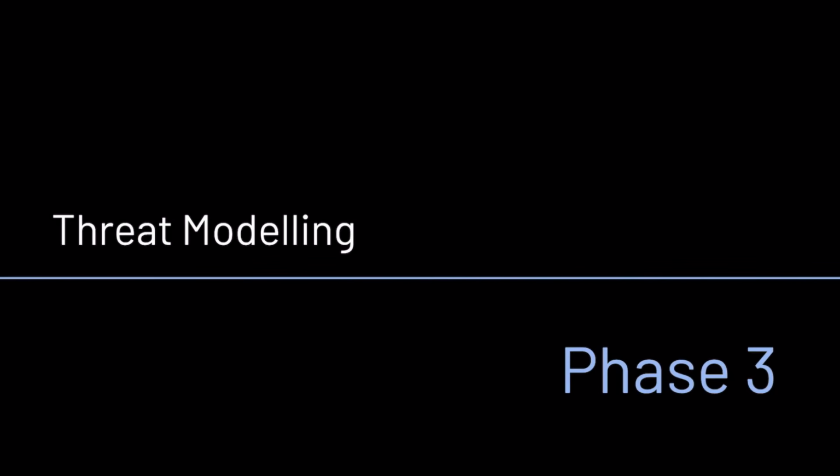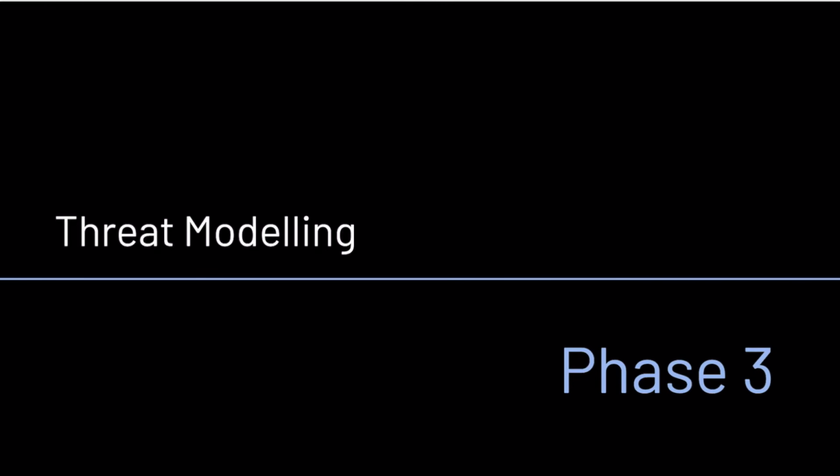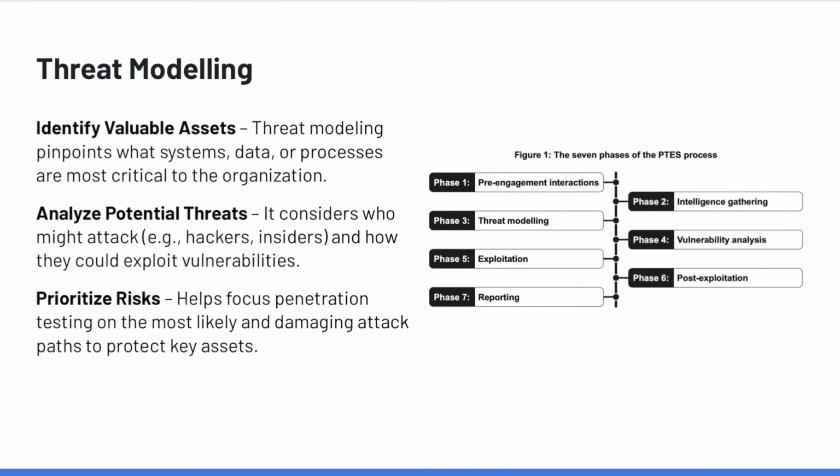Anyways, that brings us to our next phase, which is threat modeling. Okay, so now let's take a look at the next phase, which is going to be threat modeling. This is phase 3 in our PTES process. So we're right here. We've already taken a look at the pre-engagement directions, which is essentially that discussion between the hospital and the security agency.